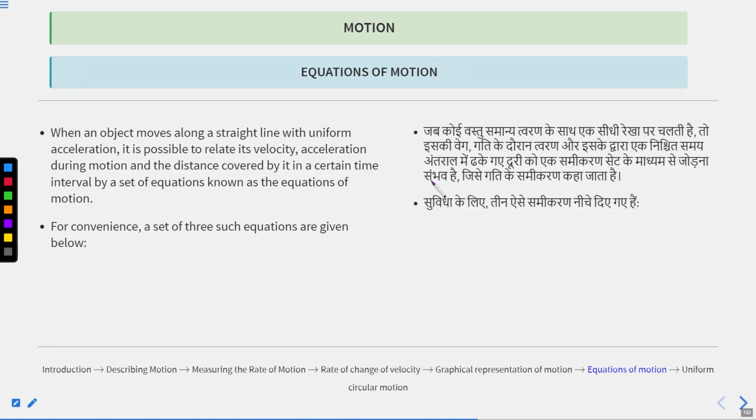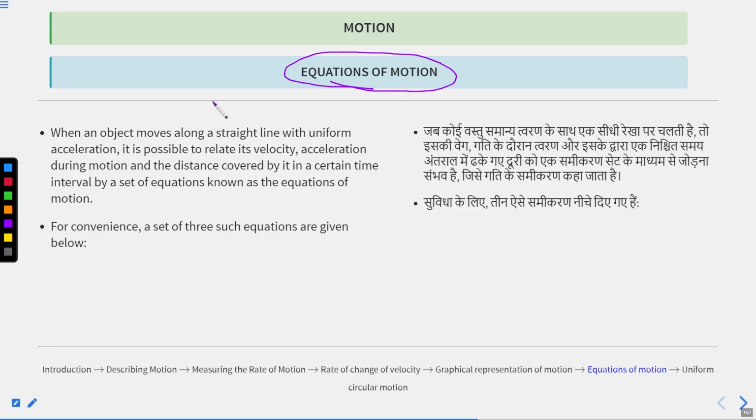Very good. So we have completed our topic graphical representation of motion. Now we will use the graphical representation of the velocity time curve and we will find three equations of motion. Those three equations help us to describe all information about the motion. So let's understand the topic equations of motion.